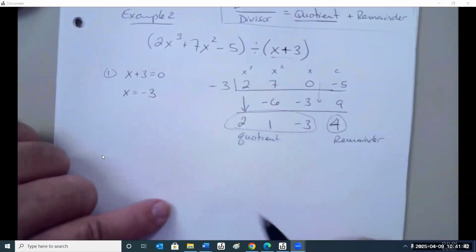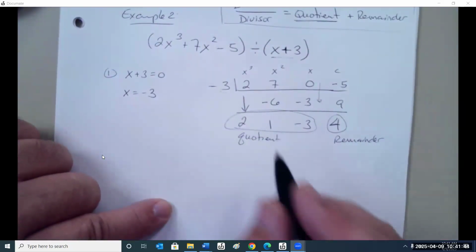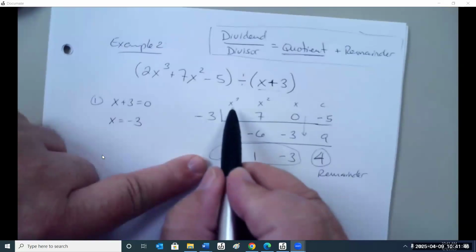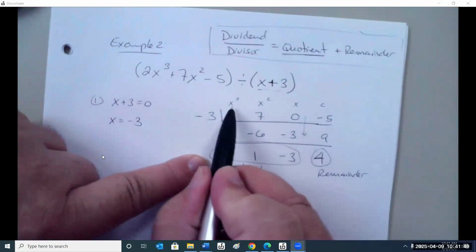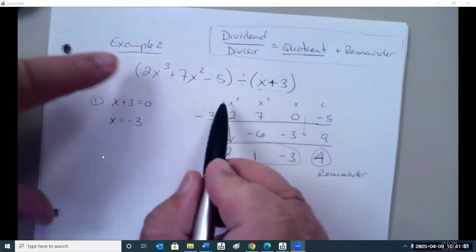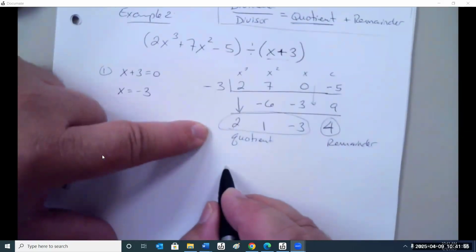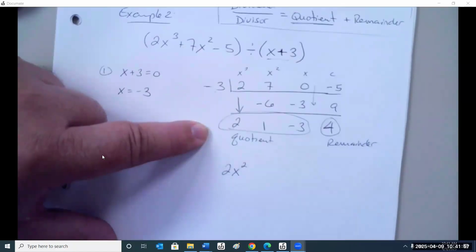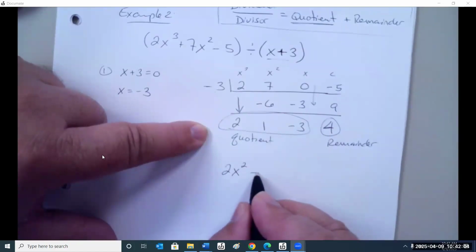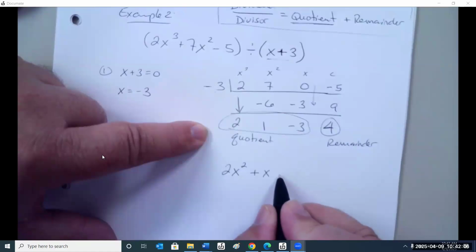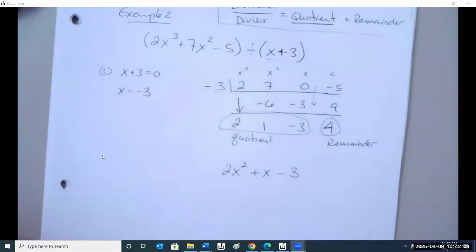So the quotient looks like what? Because it started off with x cubed, we had x cubed and you divide it by x, you get what? X squared. Then it will be positive x and then negative 3.